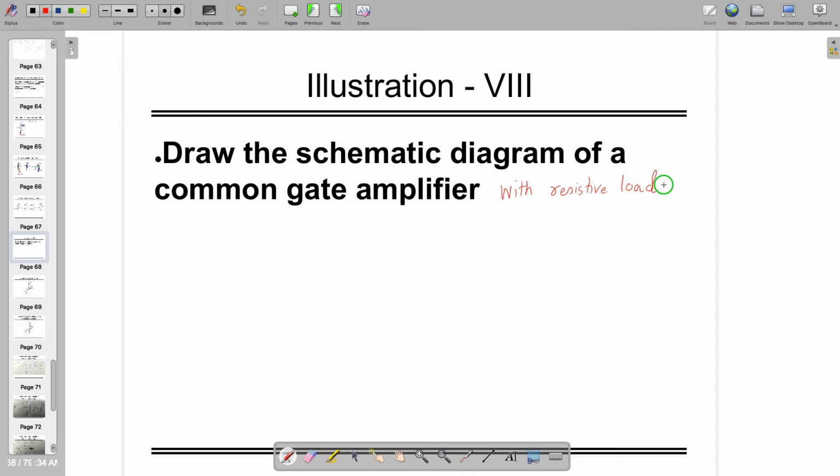Common gate amplifier with resistive load. Okay, so this is a hint.